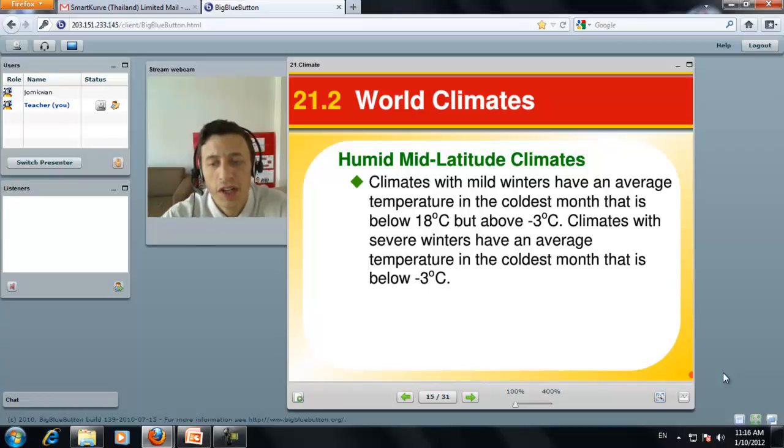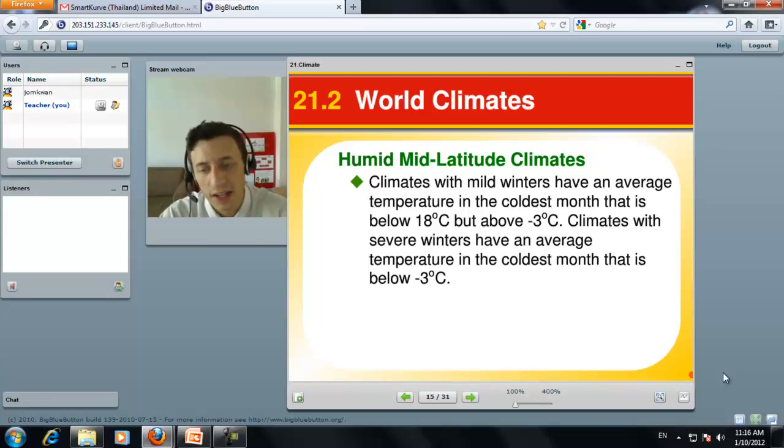Average temperature in the coldest months below 18 degrees but above -3. This is like where I'm from, in North Carolina, in the eastern United States. Our coldest month, we have temperatures between 18 and -3. But the hottest months get above this.